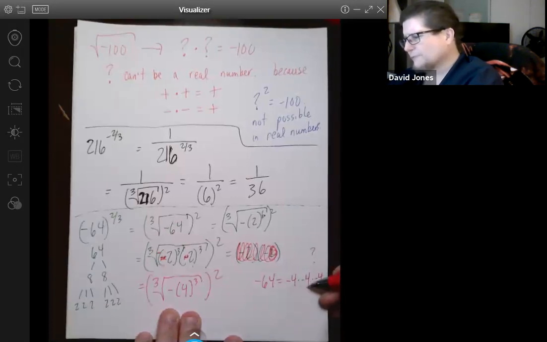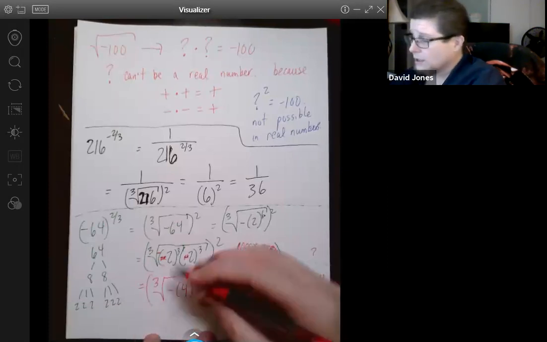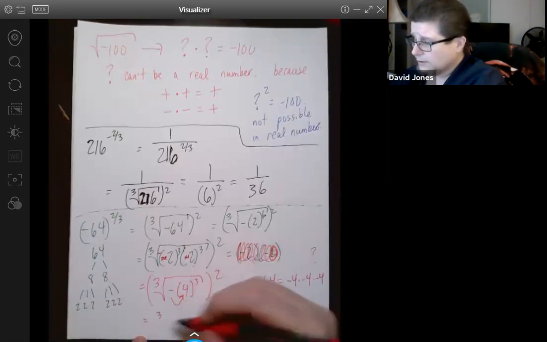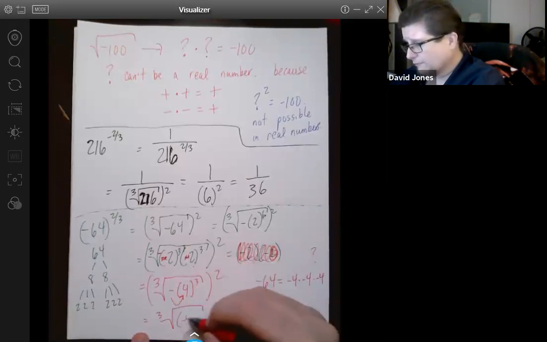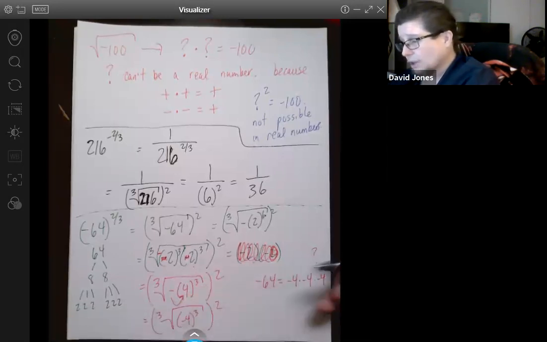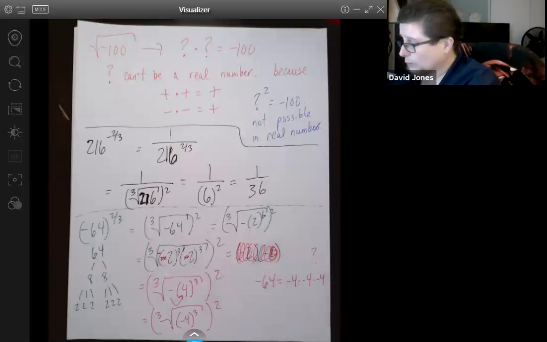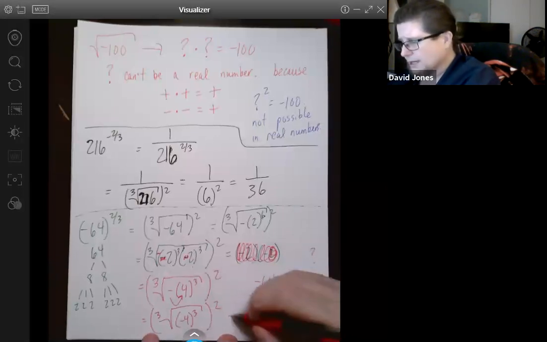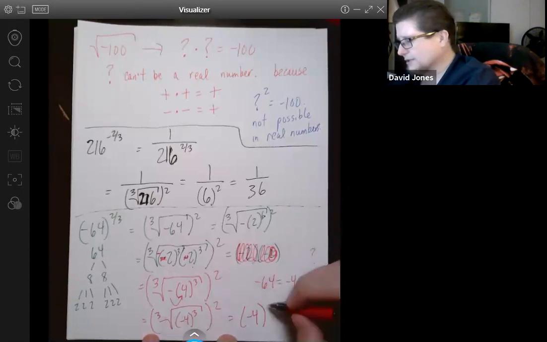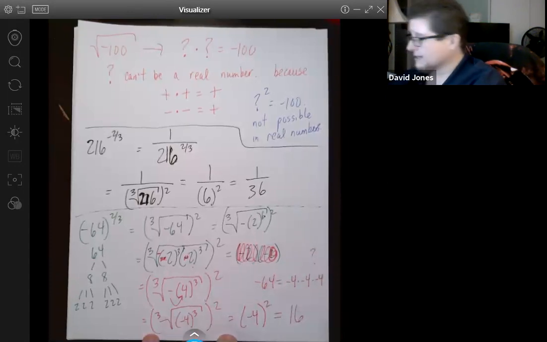Negative 4 times negative 4 is positive 16 times negative 4 is negative 64, yeah. So now I can move the negative inside. Cube root of negative 4 cubed like that, that works, that makes sense. The way I had it before, I kind of screwed that up a little bit. And this becomes negative 4, the cube and the cube root cancel. I still got the square. This is positive 16.